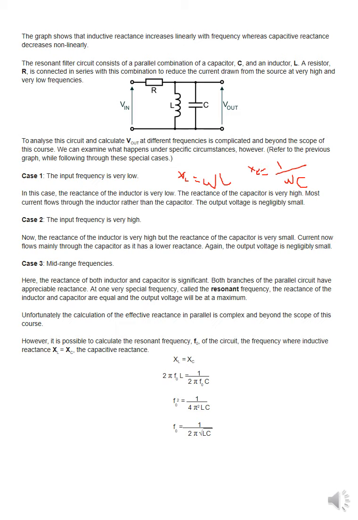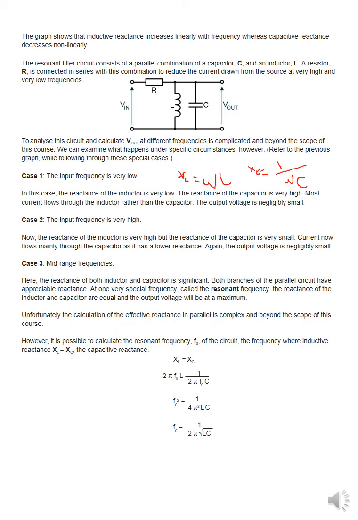So when frequency is low, XL is very low, and XC is very high because it's in the denominator. Most current flows through the inductor rather than the capacitor, because the inductor will allow the current to flow through it, while the capacitance will block it by providing high reactance.